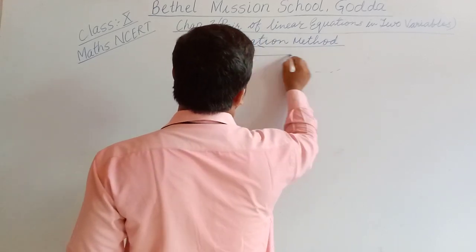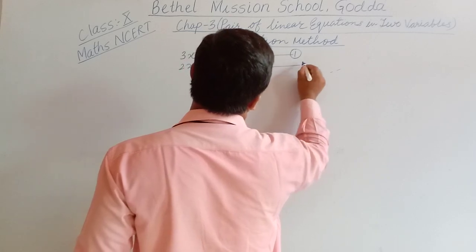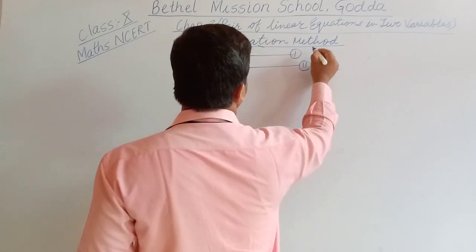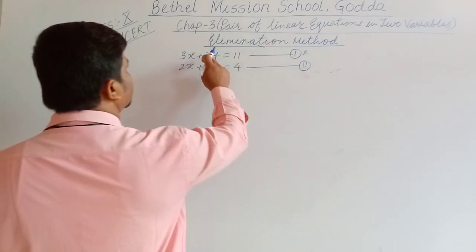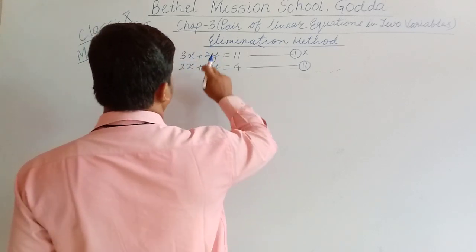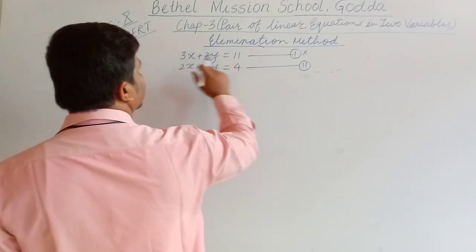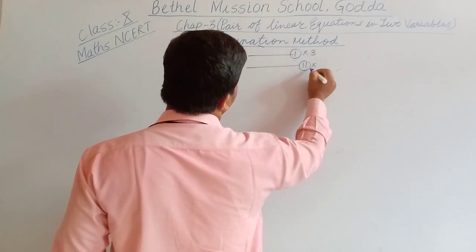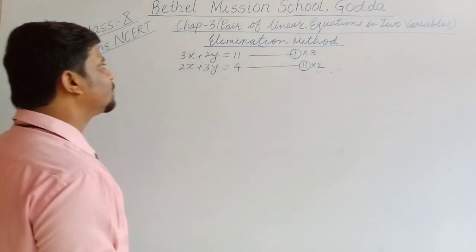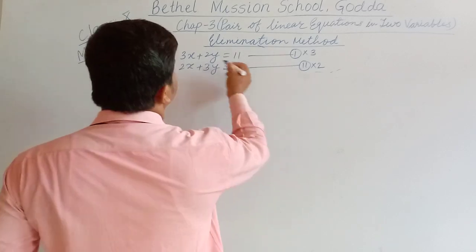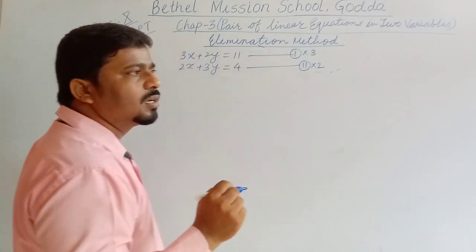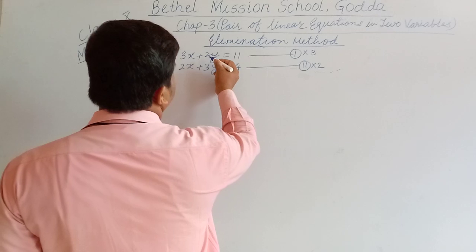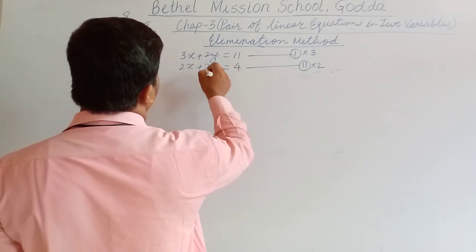This is equation 1 and this is equation 2, we can suppose. And for making the coefficient of y 6, this equation will be multiplied by 3 and this will be multiplied by 2. Then you will get 6 in both.